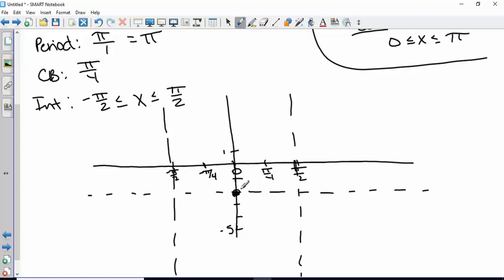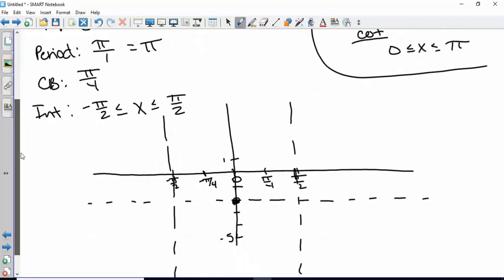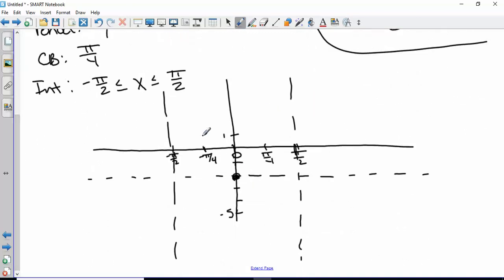So tangent and cotangent, they both have asymptotes at the ends and 0 at the middle. Tangent is increasing, so it would start by going up. But what does the negative do? Remember we said this one would flip. So it's actually going to start at its high point and go down.